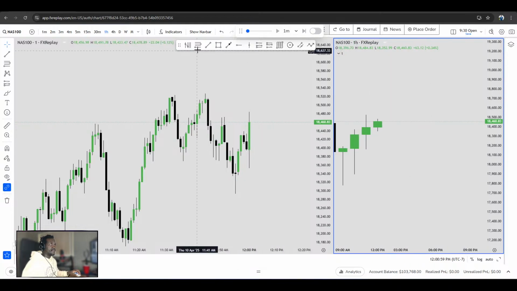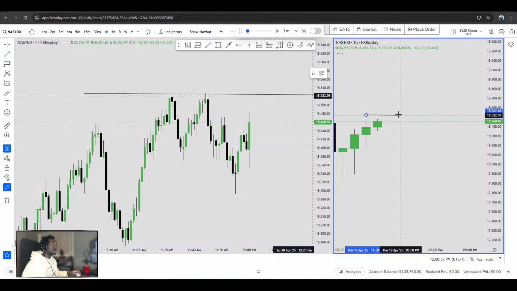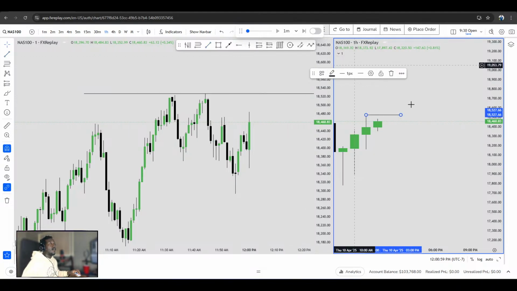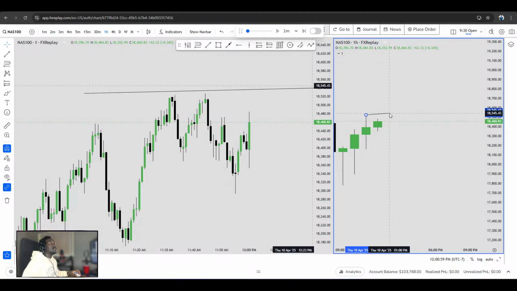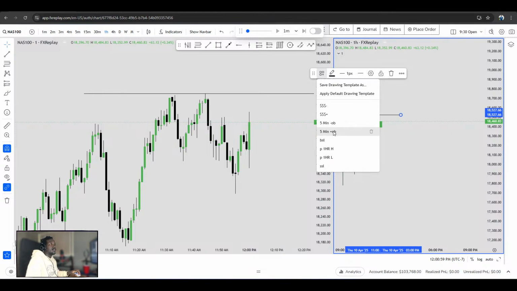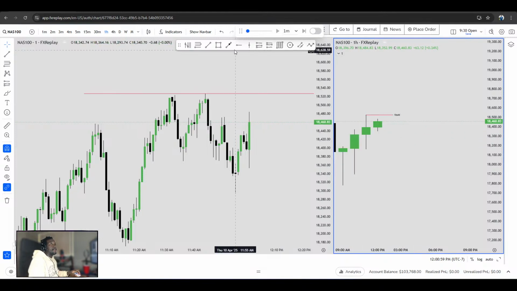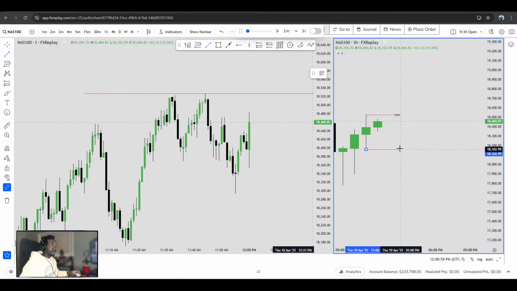So now I can have my previous high, which is right there. I'll pull that to 3 p.m. that's okay. I like to pull it to 1 p.m. but we can do 3 p.m. that's fine, and just call that the previous 1 hour high, and this one's called the previous 1 hour low right there.